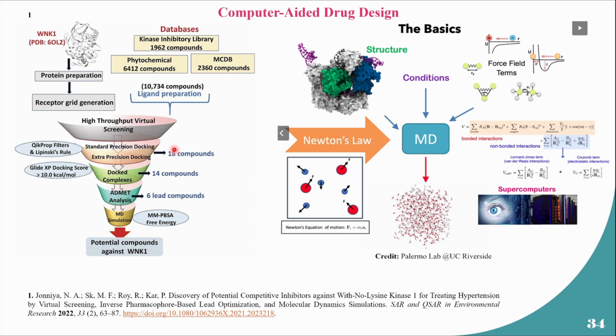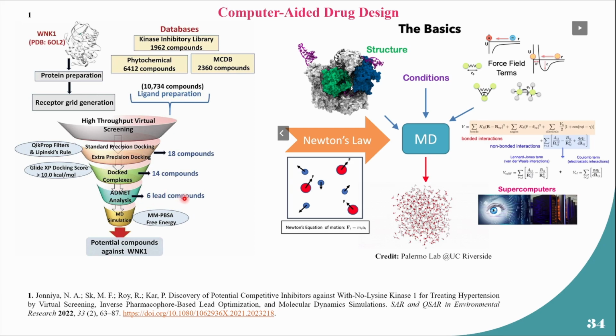That's why fewer compounds are docked with a more accurate algorithm. Ultimately, she got 6 lead compounds following the ADMET analysis. ADMET is the prediction of absorption, distribution, metabolism, excretion, and toxicity.